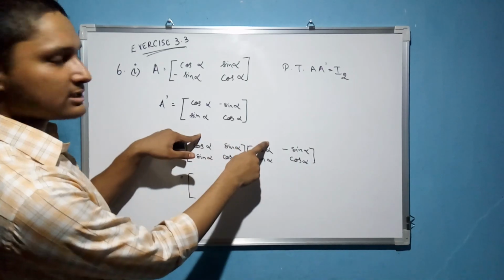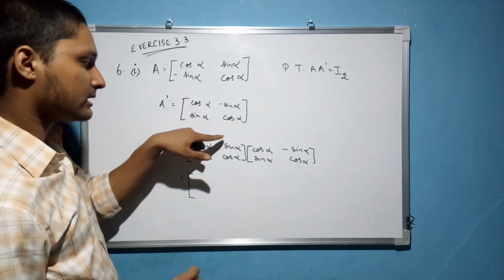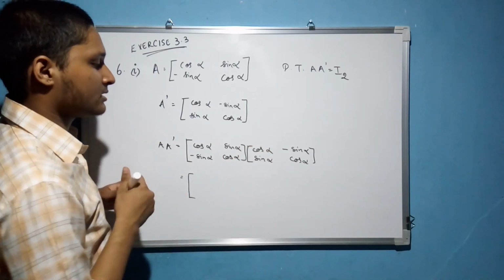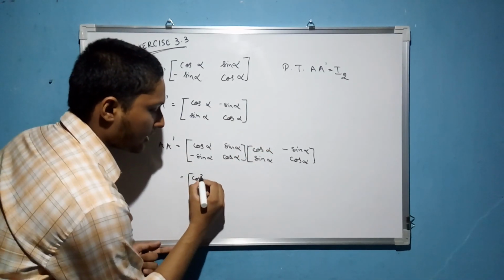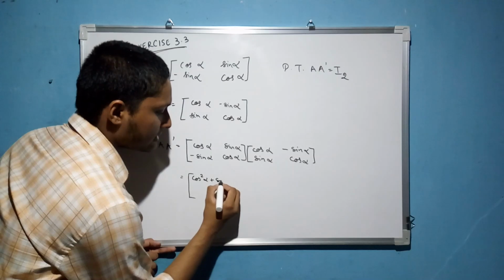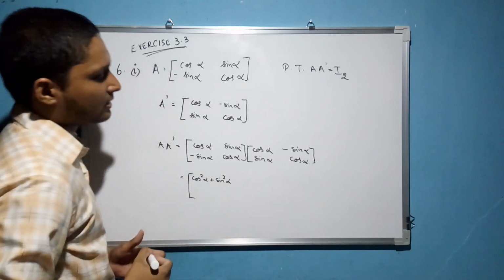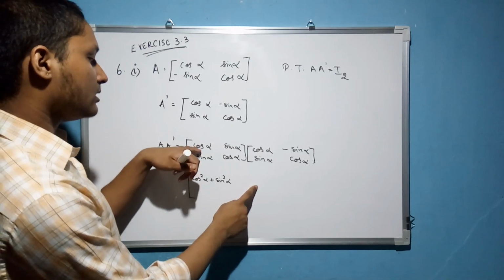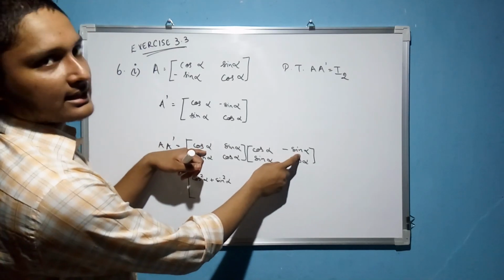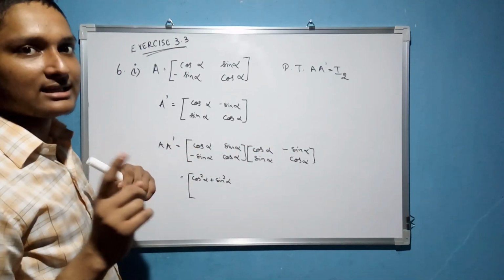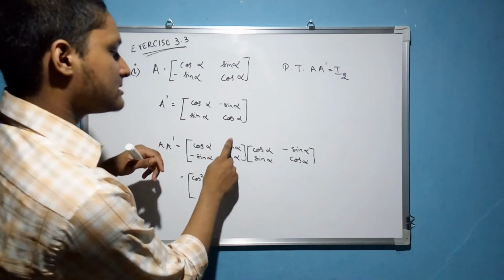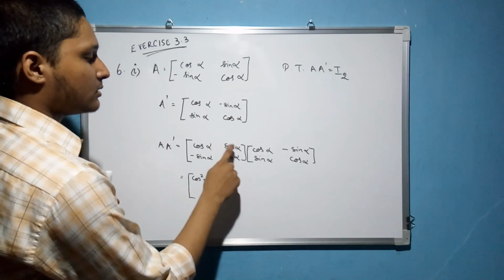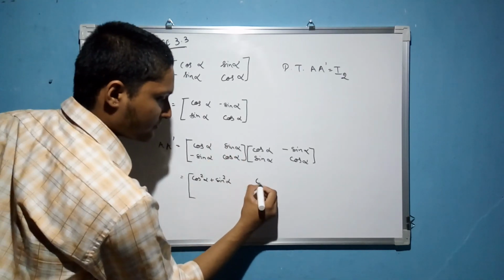First row first column: cos alpha into cos alpha, cos square alpha, plus sin alpha into sin alpha, so it is going to be cos square alpha plus sin square alpha. Then for the next element, it is cos alpha into minus sin alpha, that is minus sin alpha cos alpha, plus sin alpha into cos alpha, because you are considering the second column. So it is going to be 0.